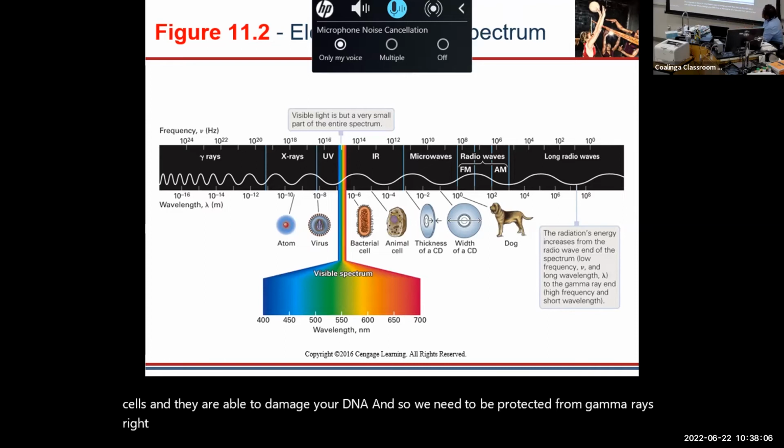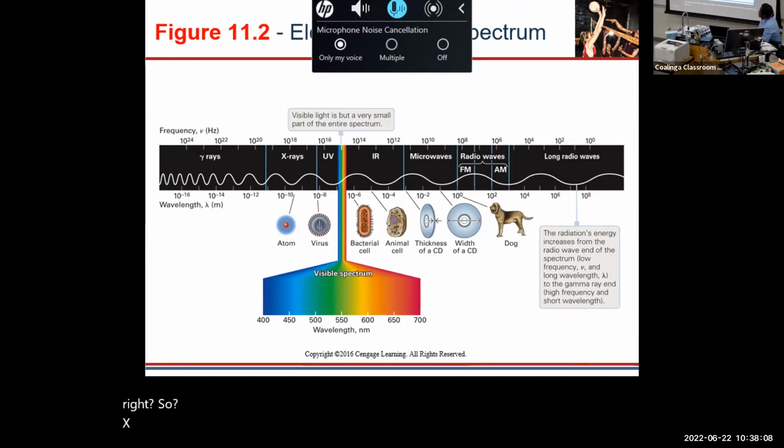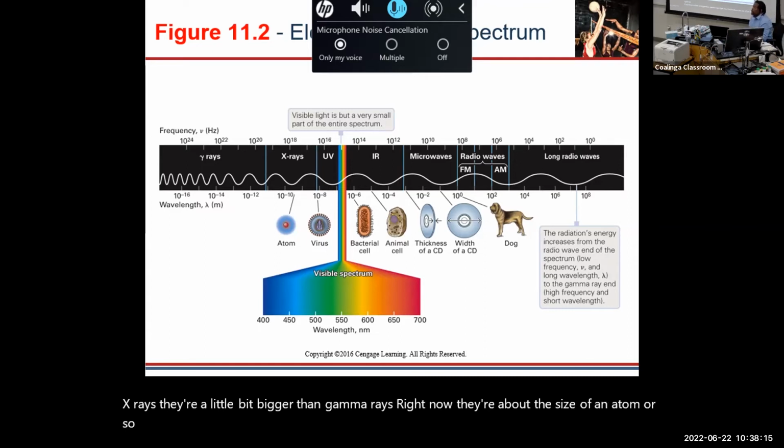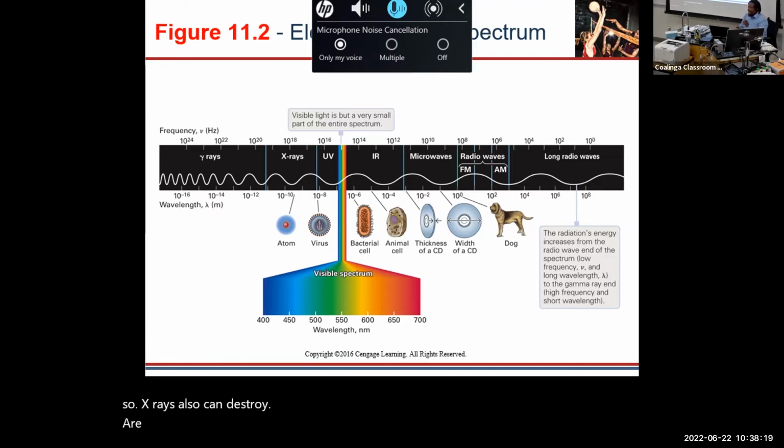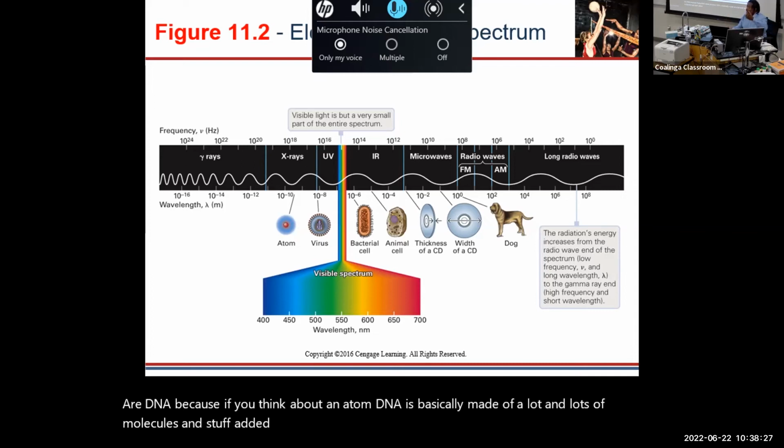So X-rays are a little bit bigger than gamma rays, about the size of an atom or so. X-rays also can destroy our DNA, because DNA is basically made up of lots and lots of molecules added together, but they're so small that they could actually damage it.